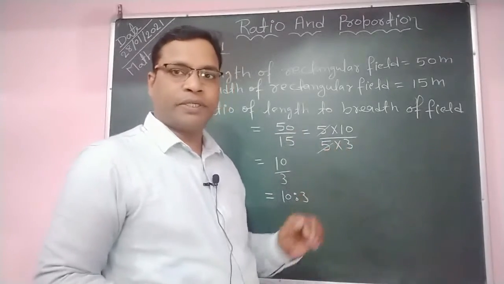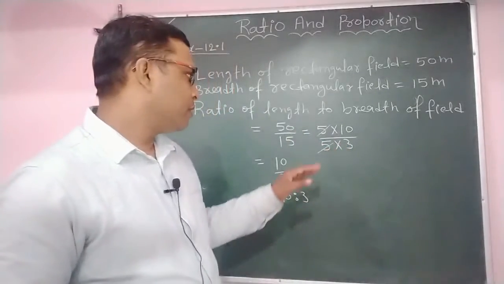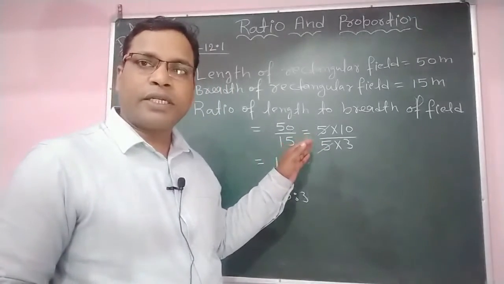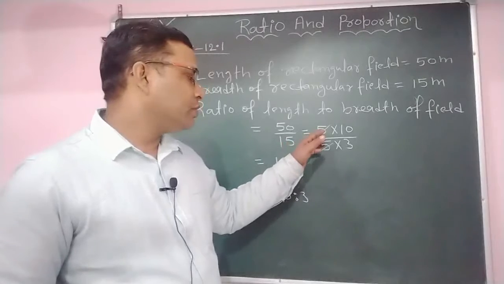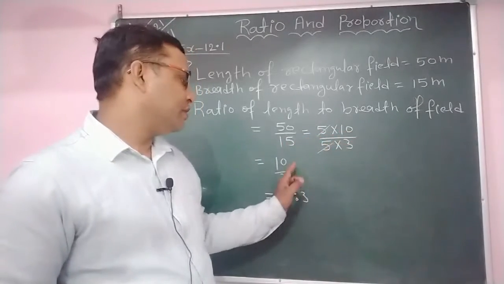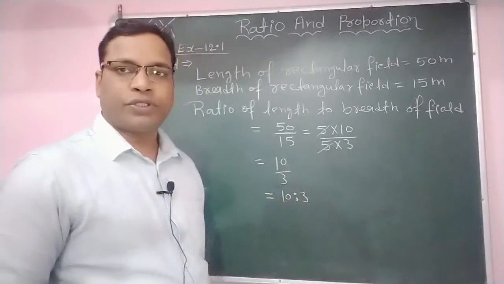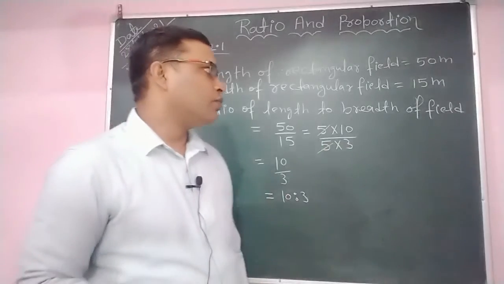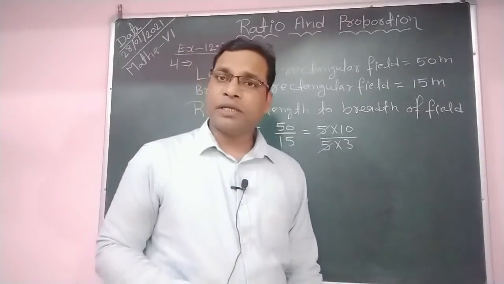So 5 will cancel, because 5 is common in both numerator and denominator, and we get 10 by 3. 10 by 3 you can write as 10 ratio 3. This is the required ratio of length to the breadth of the rectangular field.